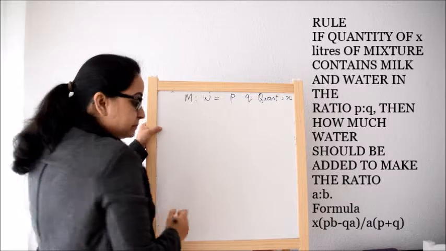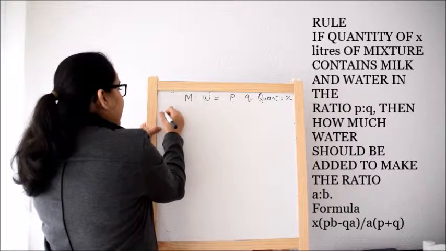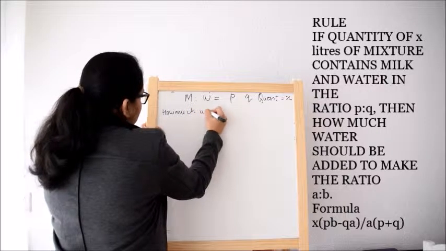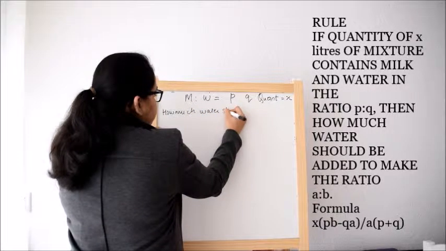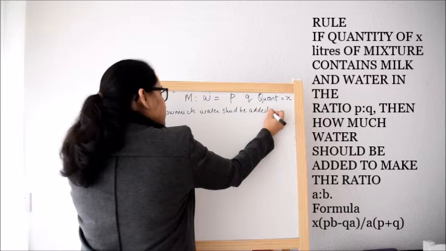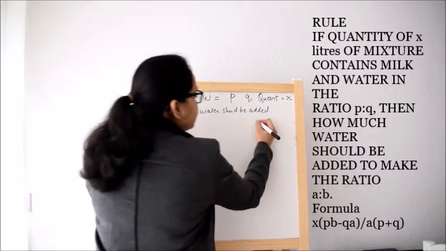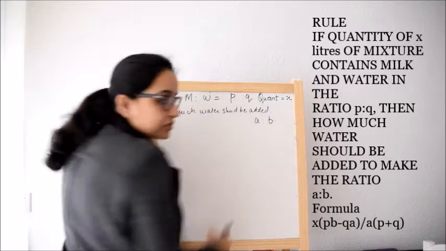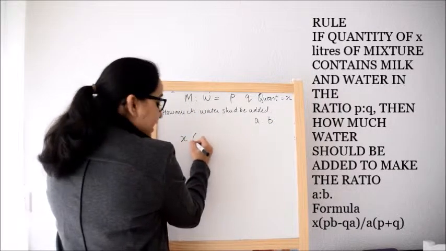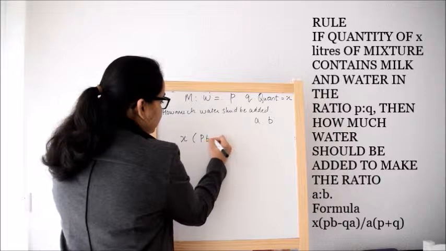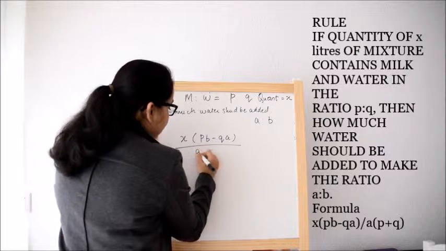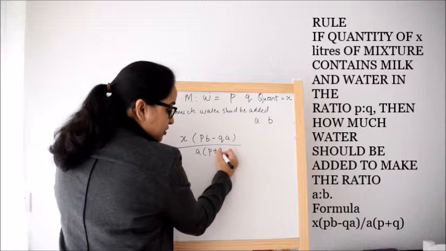Okay, then how much water should be added so that the ratio becomes A:B? Okay, so we have a formula for this: x into PB minus QA upon A into P plus Q.